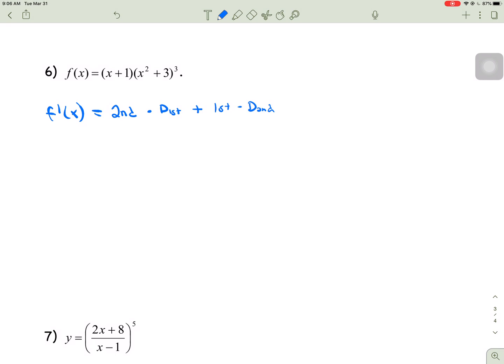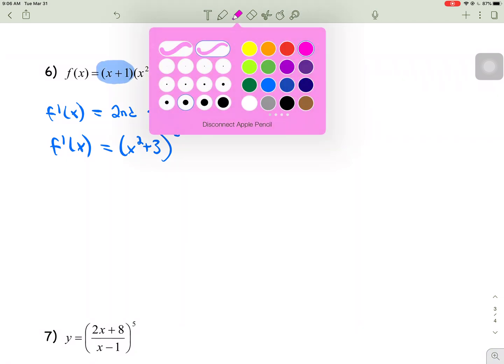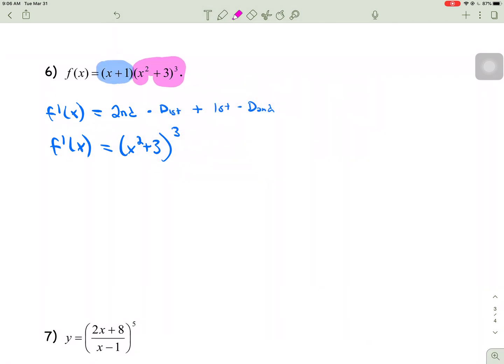All right, so let's do that. So the second term is x squared plus 3 cubed. All right, keep that in mind. Let's highlight what the terms are. There's 1, and there's 2. So it's the second times the derivative of the first, which is just 1, right? Because the derivative of x plus 1 is 1.